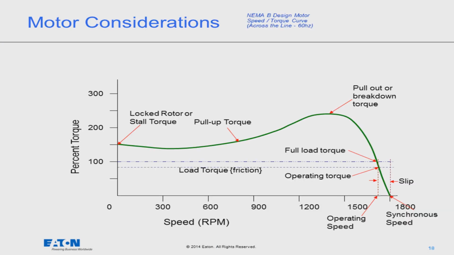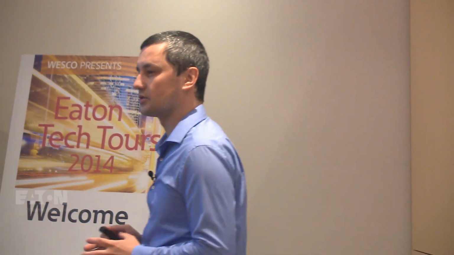Okay, this is the torque speed curve for a standard NEMA B motor. Why NEMA B? Because NEMA B is probably the most used motor in North America. So if we're looking at this, we have our locked rotor or stall torque. So this is where our motor is starting at 0 speed.